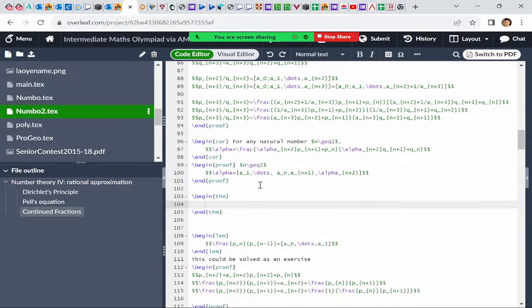Alright, do you guys still remember the proof or the theorem statement? Let's state the theorem, how we want to state it.